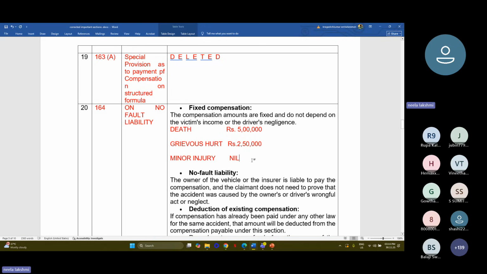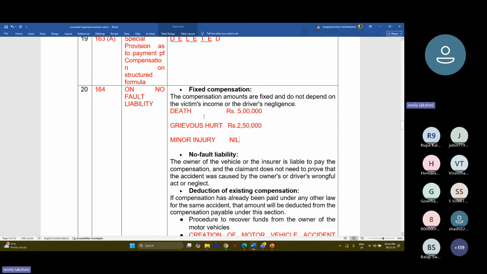Minor injuries are not compensated on a no fault liability basis. Okay. Death and grievous hurt are compensated, whereas minor injuries are not. It is a fixed compensation and will not vary from case to case.